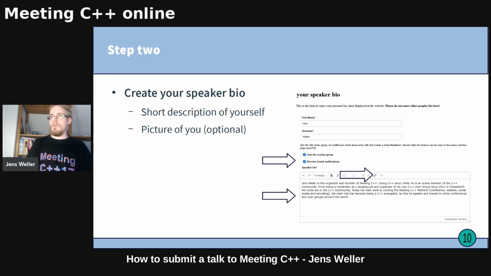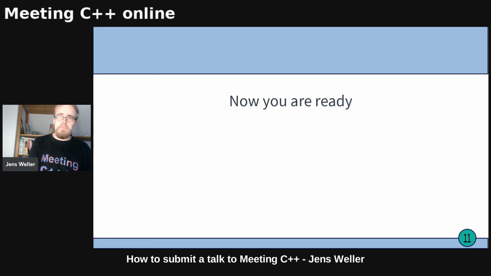Also the pointy brackets are where you can see the HTML, and that can be helpful if you copy and paste things from other websites or from Word. Then maybe this also copies the style, and you might want to remove that. And now you are ready to submit your talk.